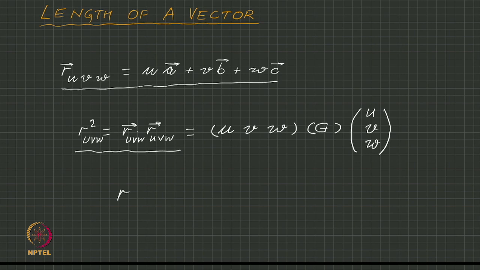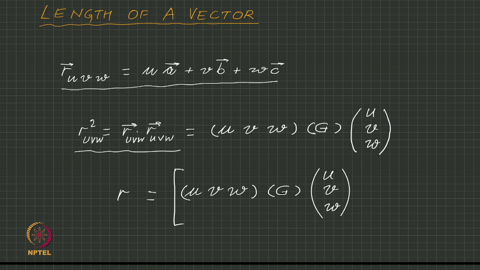If you insist on R, then you can take the square root of this quantity. So, the row vector UVW multiplied by the metric tensor, sometimes called metric matrix also, metric matrix or metric tensor, same thing. So, that is the length of the vector.